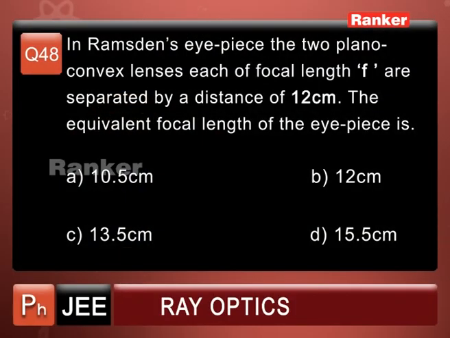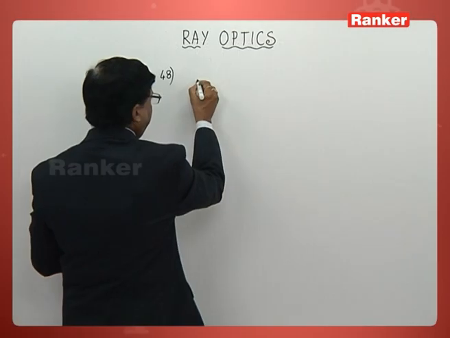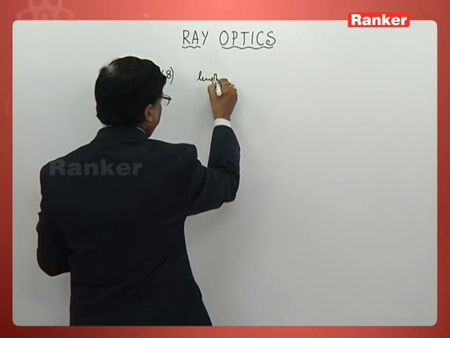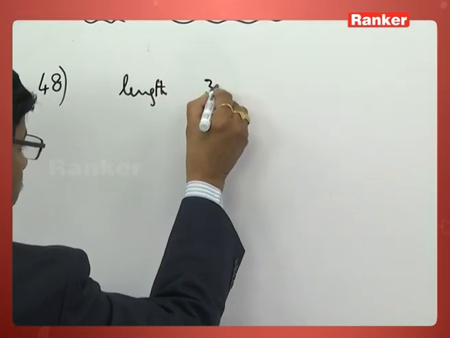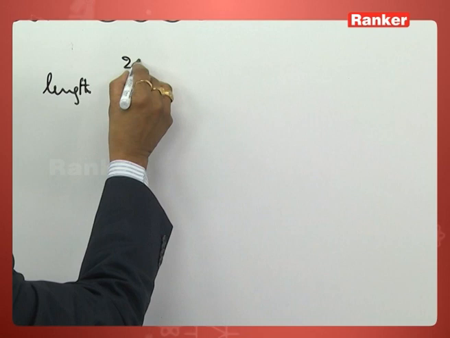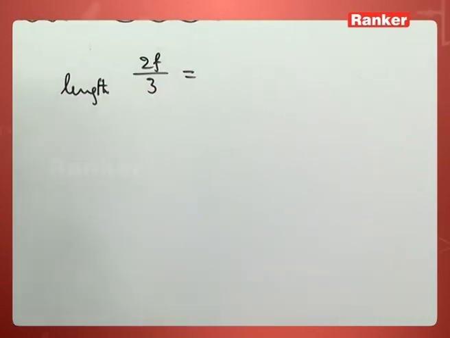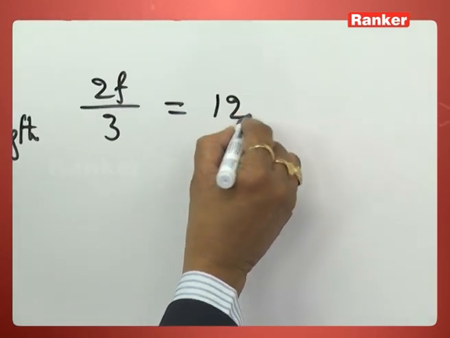Then what is this question? The equivalent focal length of the eyepiece is how much? So, first of all length that is given. What is that length by formula? 2f by 3, that is given as 12 centimeter in the problem.